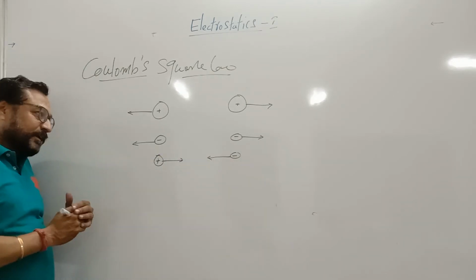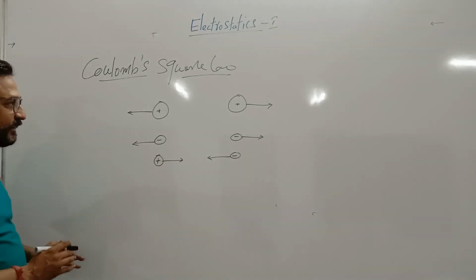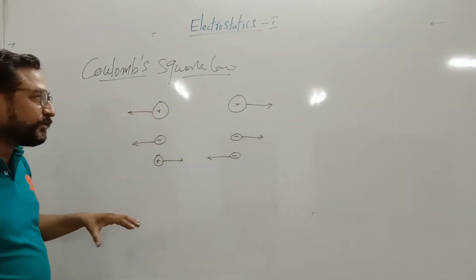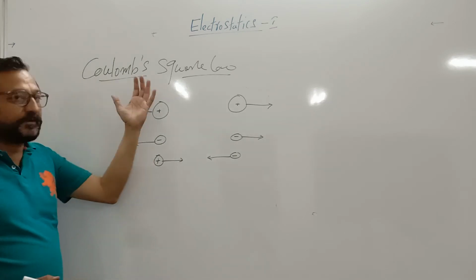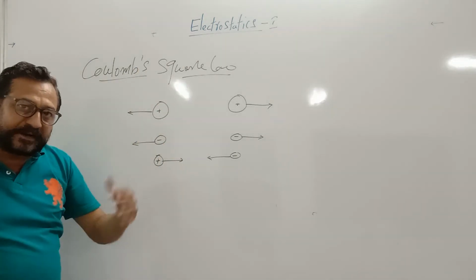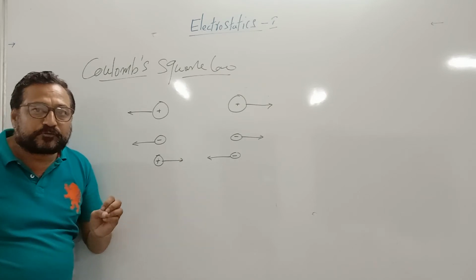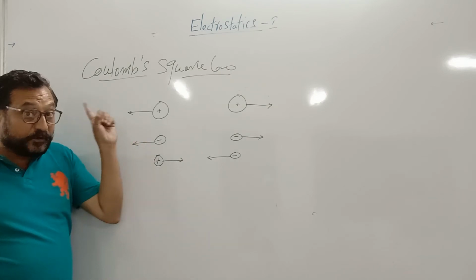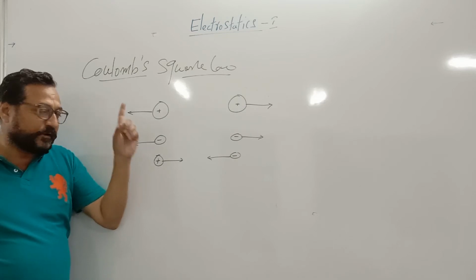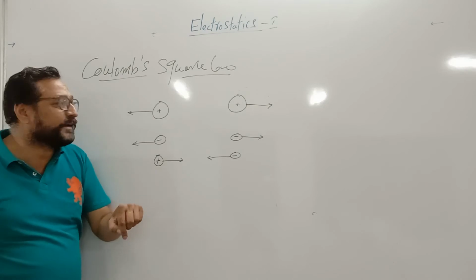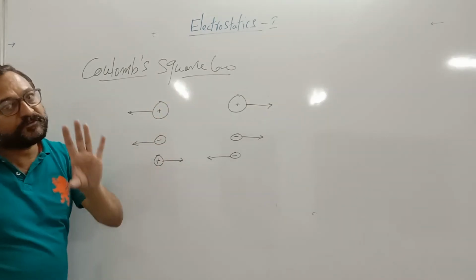It means there are some differences: force of repulsion and force of attraction. Both forces exist in Coulomb's inverse square law, but in respect of the gravitational law, it is only a force of attraction, whereas in Coulomb's law it is force of attraction or repulsion, and this depends upon the nature of the charges.